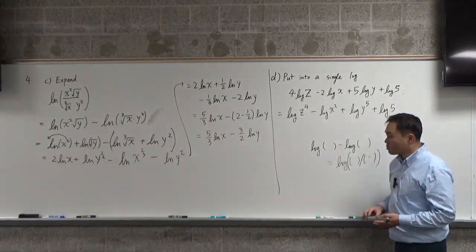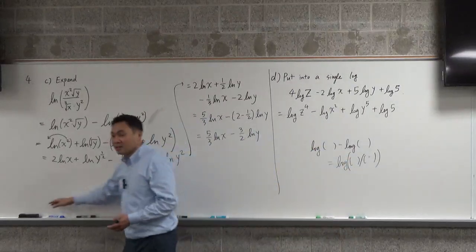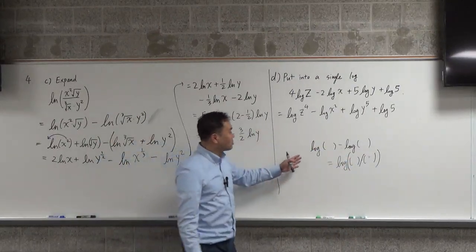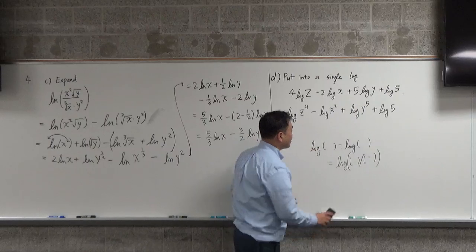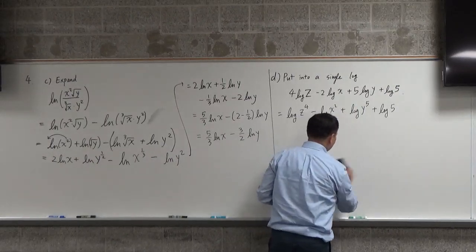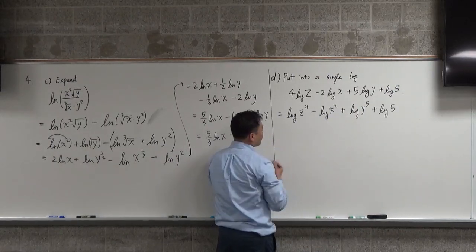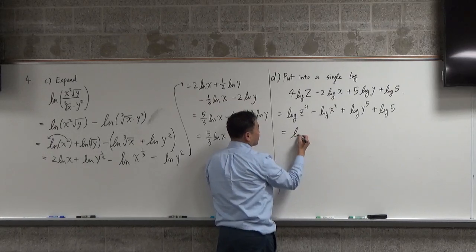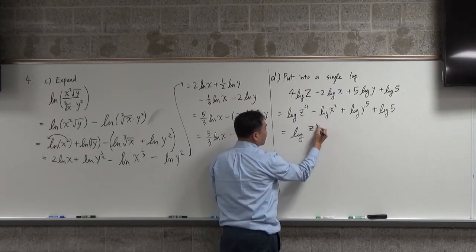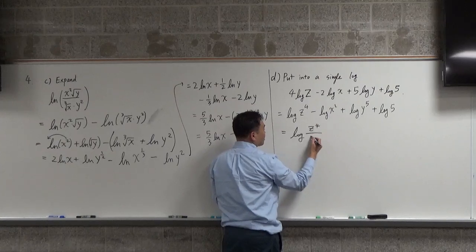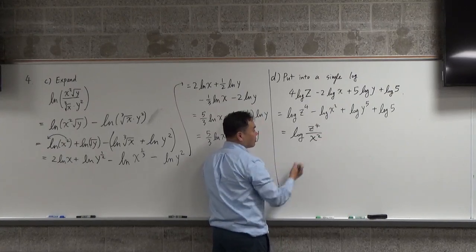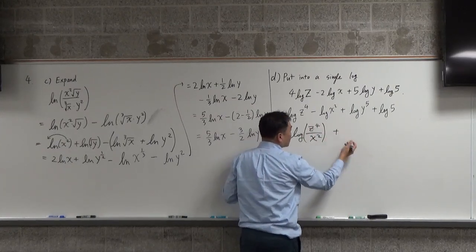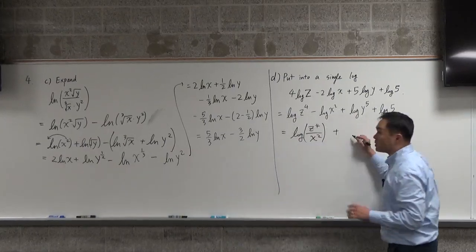So when you move these coefficients out of the way, then you're able to use these rules. Subtraction means division, addition means multiplication. So subtraction makes it log z to the fourth minus becomes division, and you have this. And over here, addition means what?